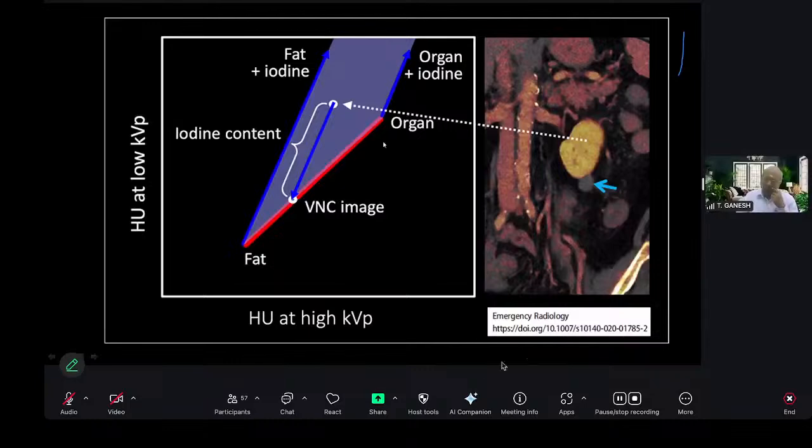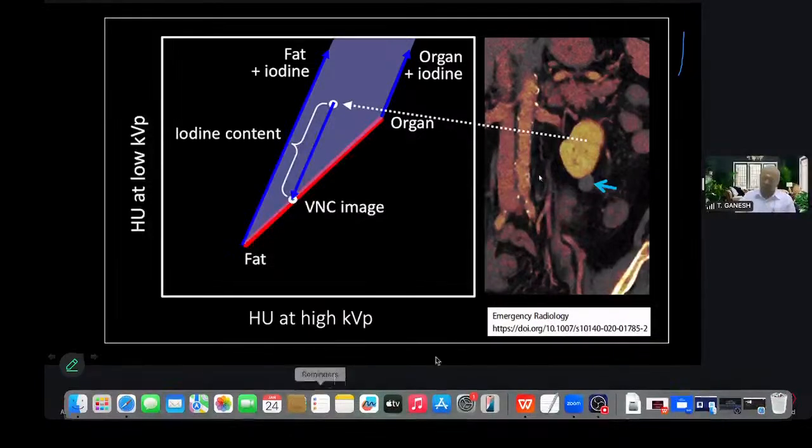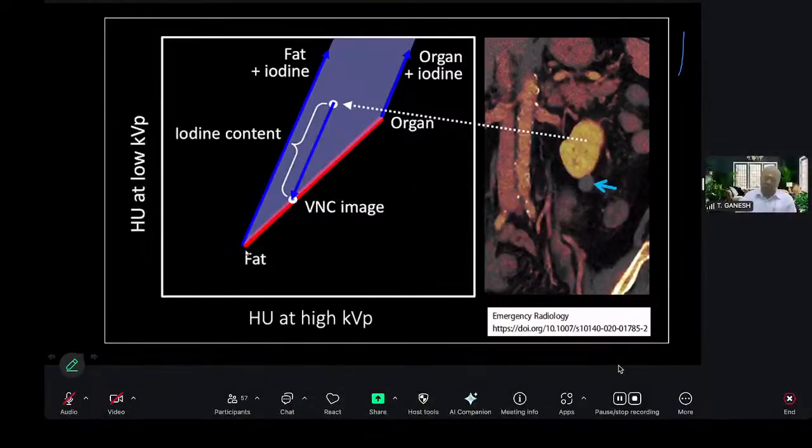So once again, another application, a real patient you can see here. Now, the two materials are fat and argon. So for fat, the HU value at low kVp and the HU value at high kVp, and similarly for the argon, the HU values at low kVp and high kVp.